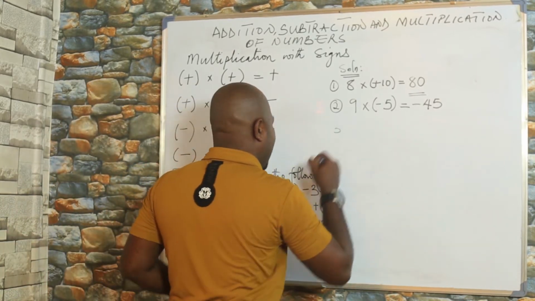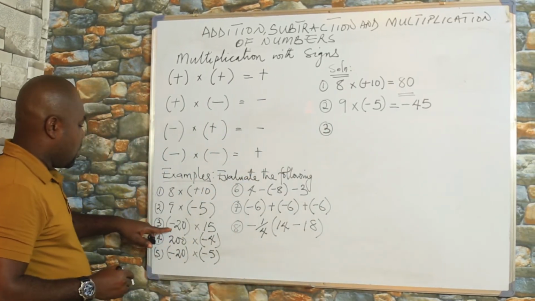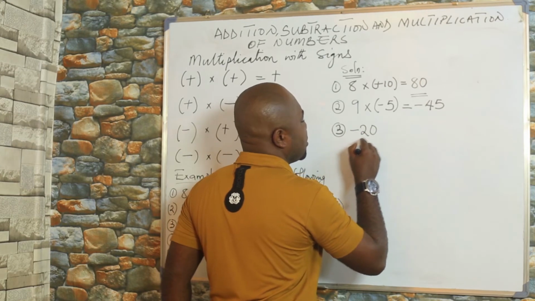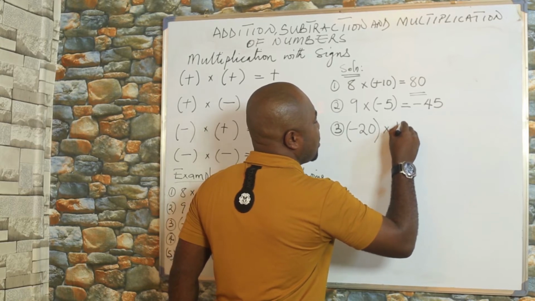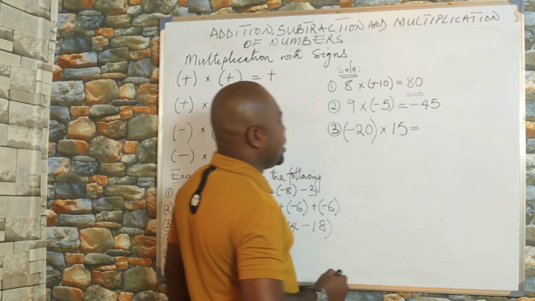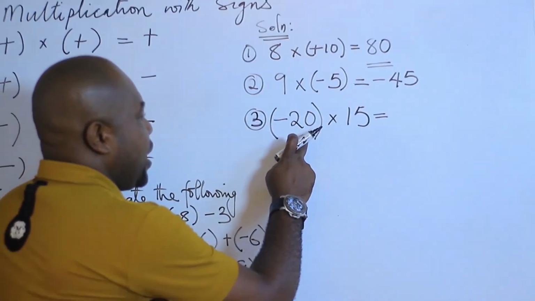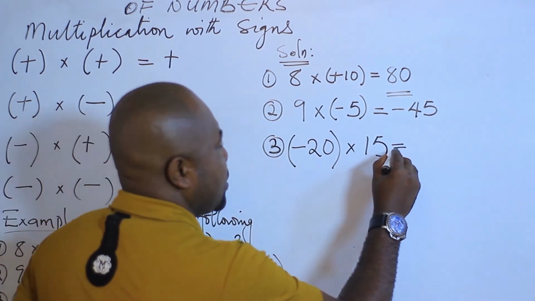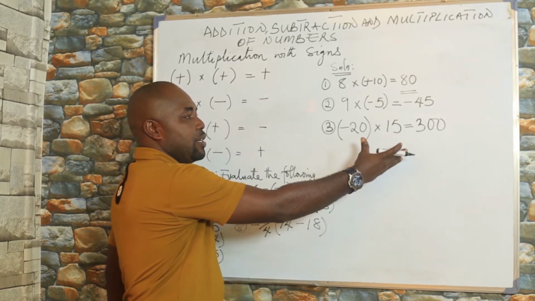Alright. Now let us take example number 3. Minus 20 times 15. 20 times 15 is 300.